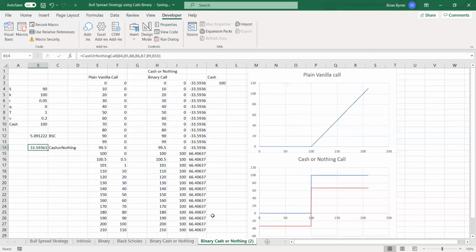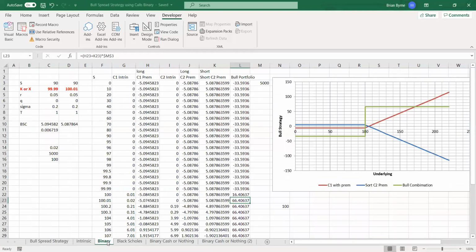And that's what we would have observed here also. Again, we're using Reiner and Rubinstein here. In this instance, we're using this formula, this function. Here we're using Black-Scholes, the combination of Black-Scholes. We can test that a little bit.